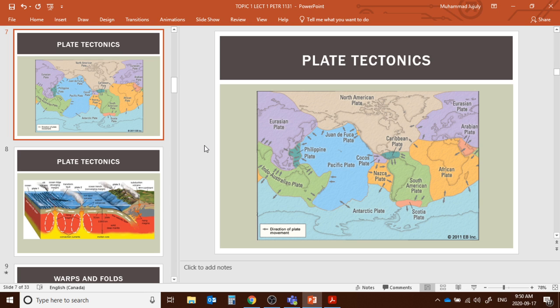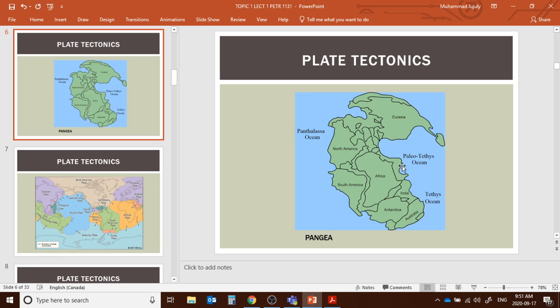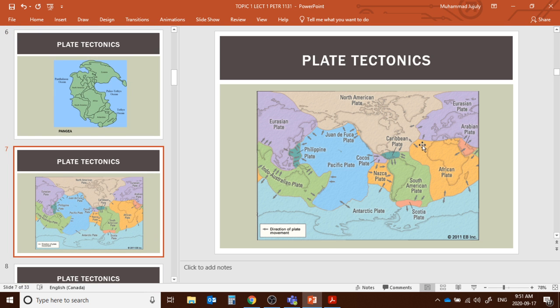Probably you have heard a lot about plate tectonics being responsible for massive earthquakes, right? So what happens, this earth's crust is still moving just like the Pangaea, and sometimes they actually collide with each other, and that's why the earthquake actually happens.